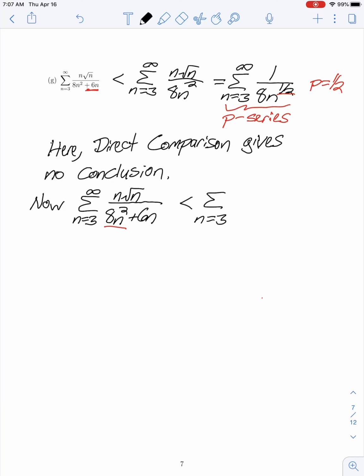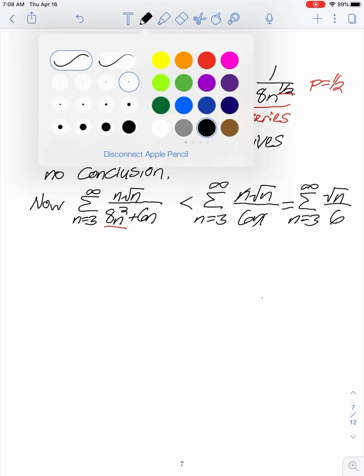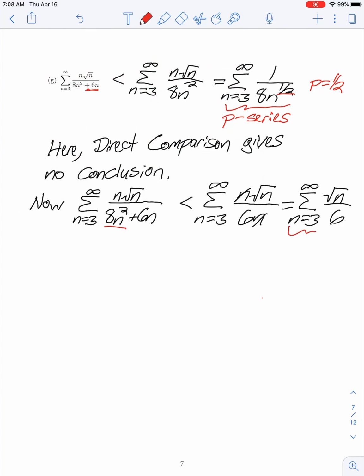Here we would have the sum from 3 to infinity of n square root of n divided by 6n, which simplifies to the sum from 3 to infinity. Canceling an n on top and bottom, I have the square root of n over 6. And this series that I'm comparing with above diverges.